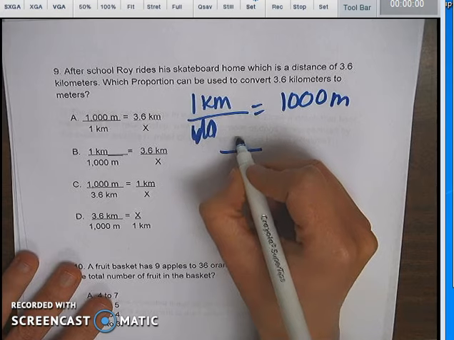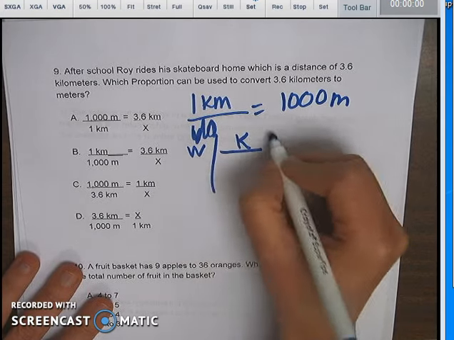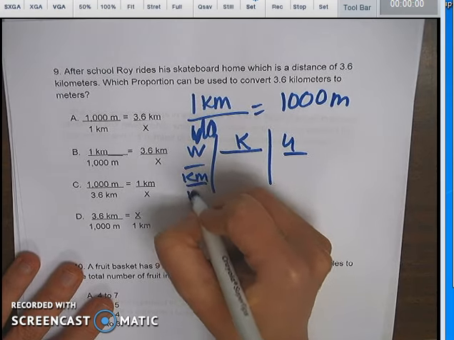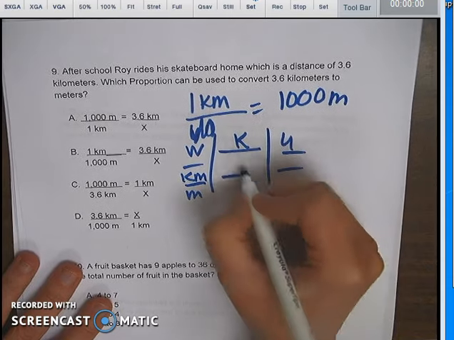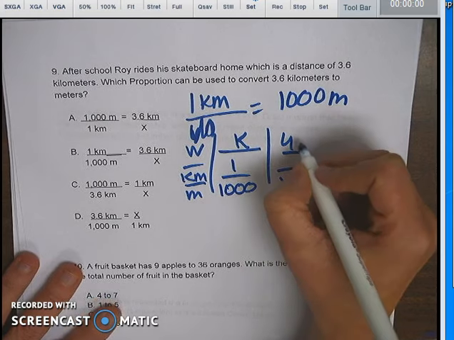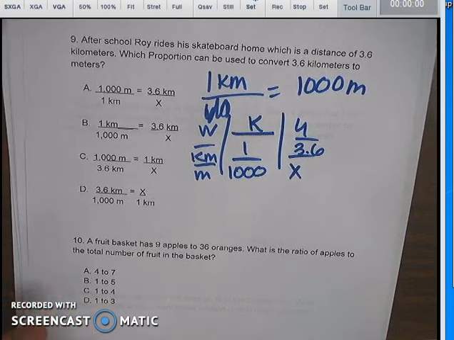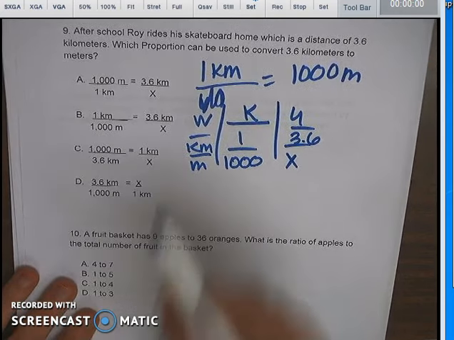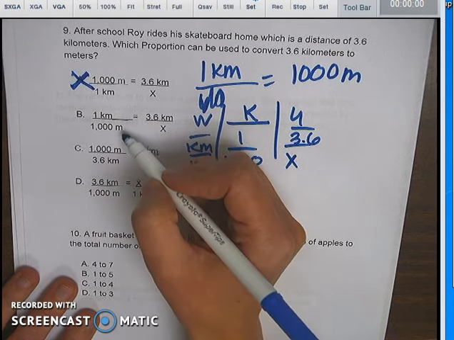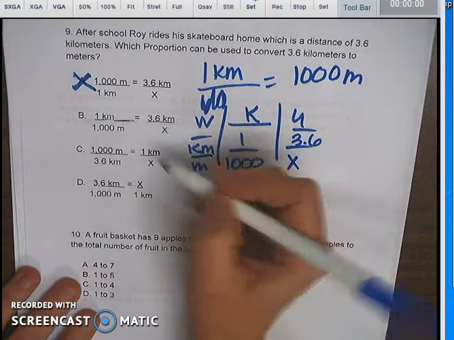I have kilometers over meters. 1 kilometer is equal to 1,000 meters. I want to know how many meters 3.6 kilometers is. Which one looks like that? It has to be the same on top, same on bottom. So 1 over 1,000, yes.